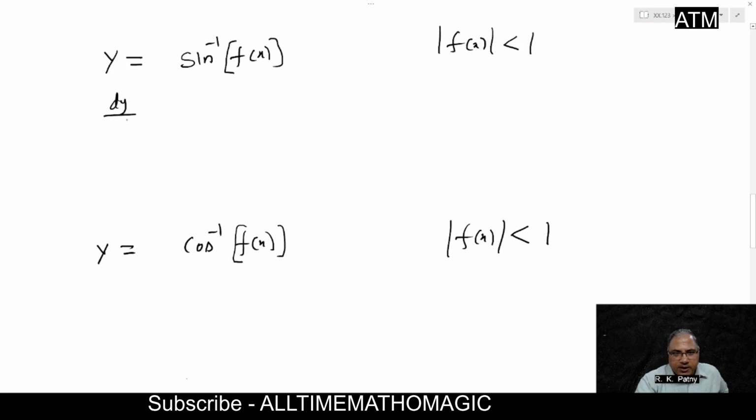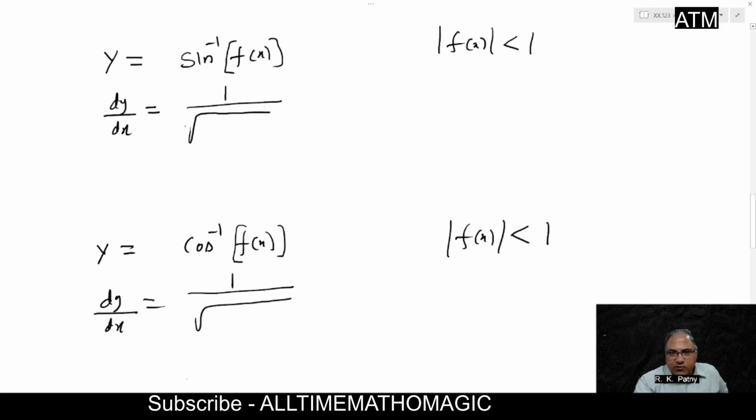Now dy by dx equals 1 upon, here also for cos inverse also 1 upon. So in both cases, here is under root, here is also under root. But for sin inverse x there is a plus, and for cos inverse x there is a minus. That is the difference.